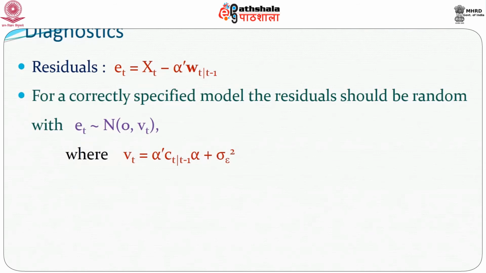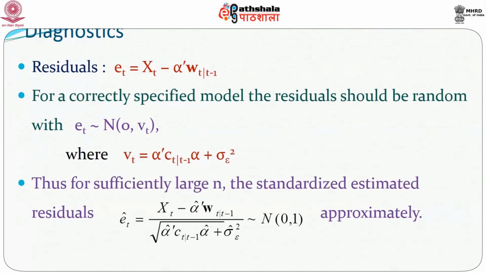Again, remember that Ct given t minus 1 is the conditional covariance matrix in this case of W. So we again use this to get the variance of epsilon t, which is Vt.